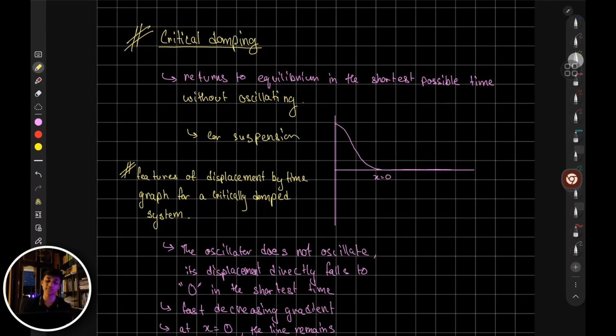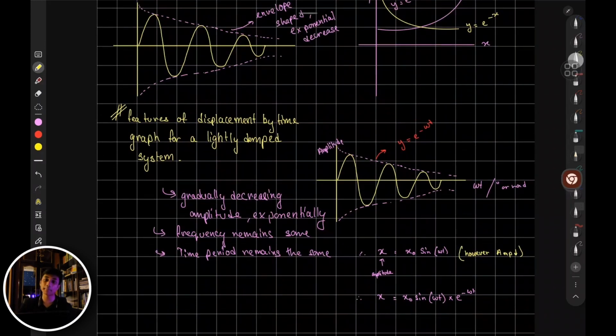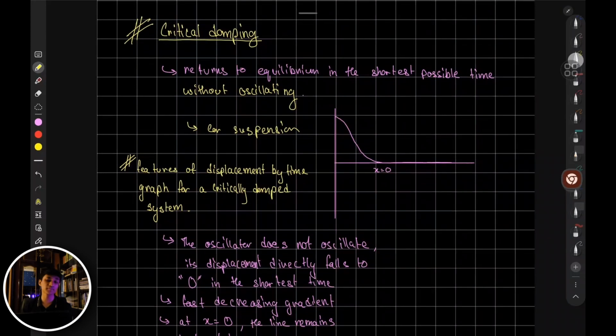This is very important for critical and heavy damping. Even in heavy damping, you're not going to have any oscillation. So what was different with light damping? The oscillation kept happening and it decreased gradually. In case of both critical and heavy damping, it happens within the first oscillation and it decreases to 0 and stops.